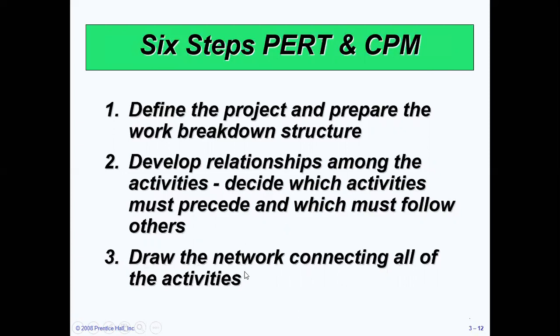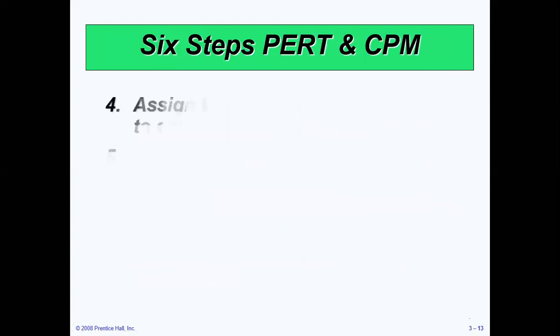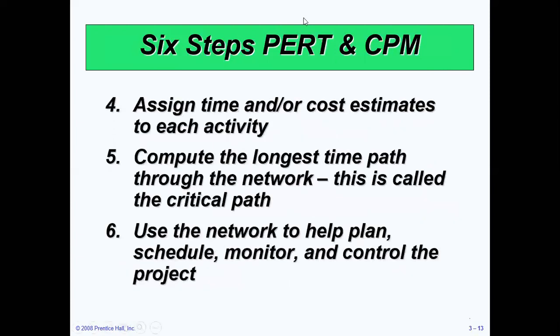We will talk about it. The fourth one is to assign time and cost estimates to each activity. The fifth one is to compute the longest time path through the network, and we call that longest time path a critical path. And we will discuss it as well.